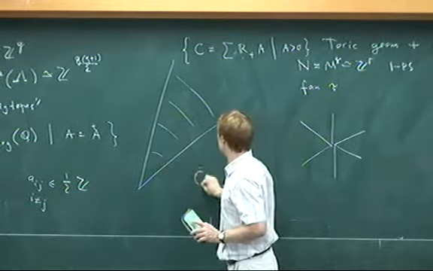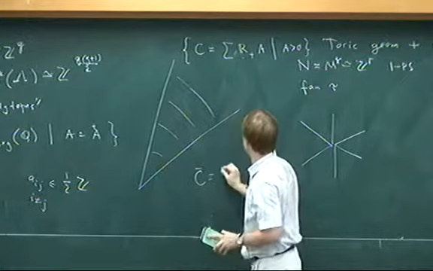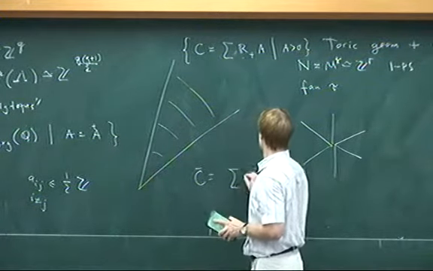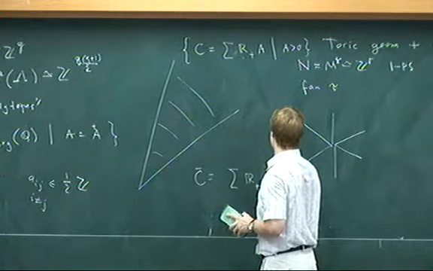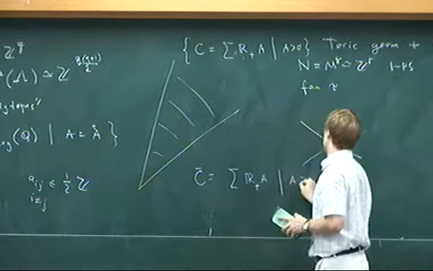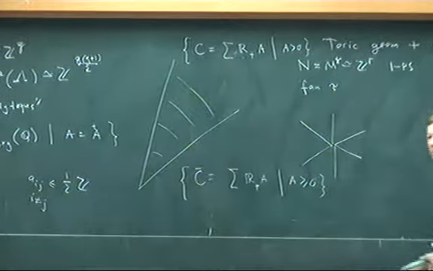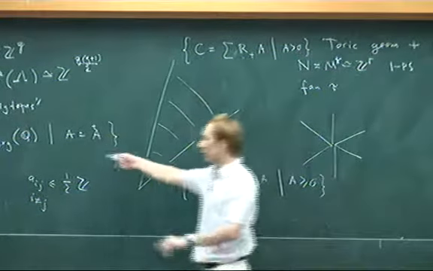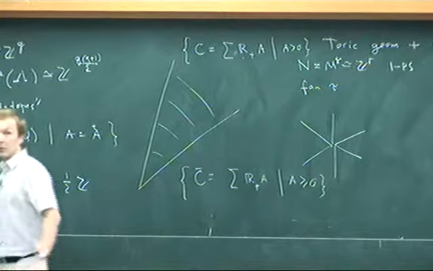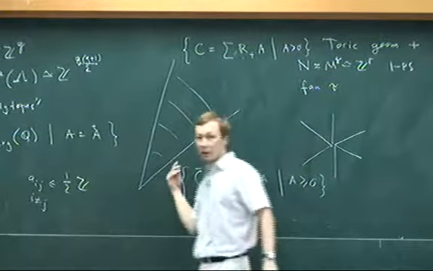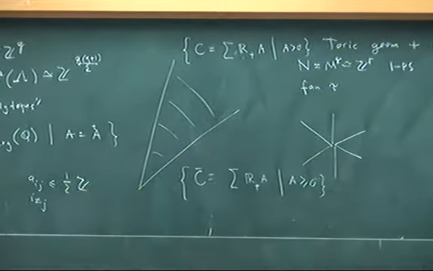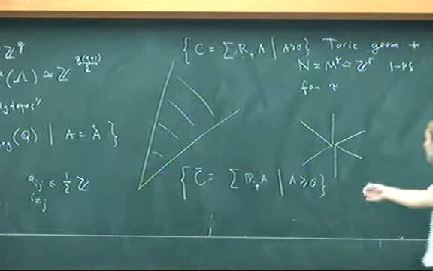And then there is C bar. This is the cone where we add semi-definite quadratic forms, but with integral coefficients or with rational coefficients. And we take the closure of such matrices.